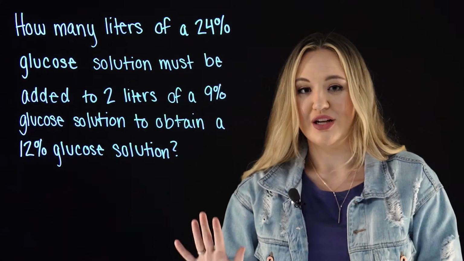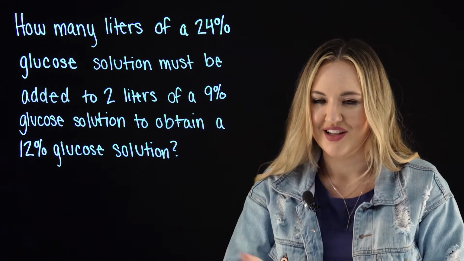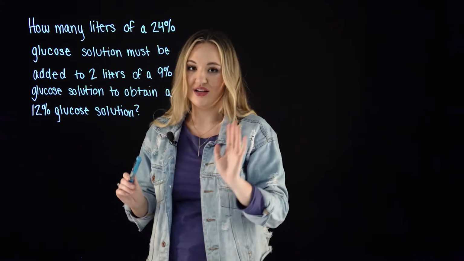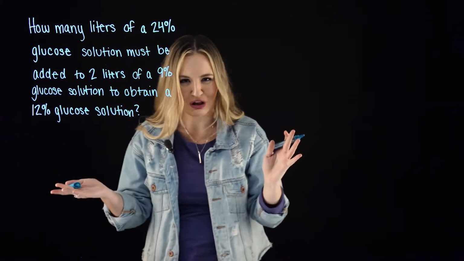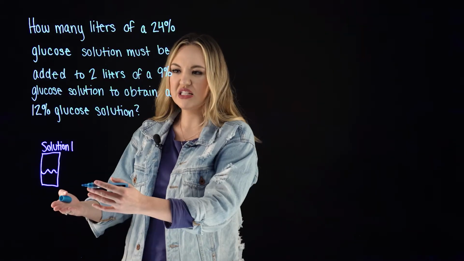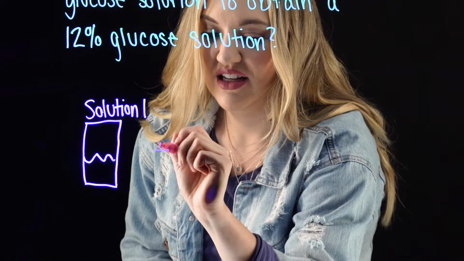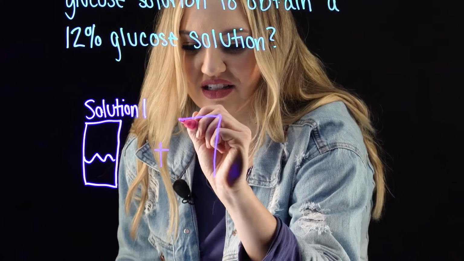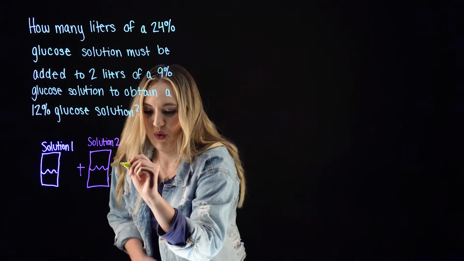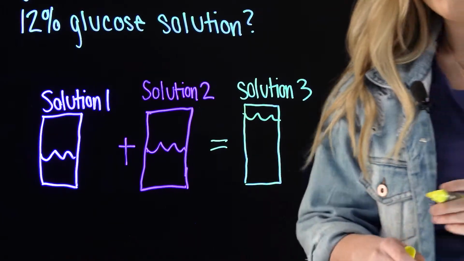All right, so mixture questions are all about adding 2 solutions to obtain a mixture. So let's picture this. We have a 24% glucose solution. That's our solution 1. Here's solution 1, and we're adding that to solution 2, and when you mix those, we get solution 3.